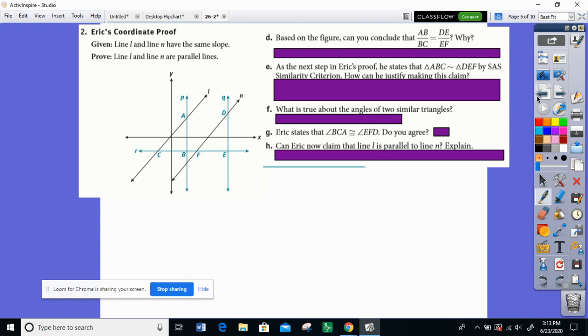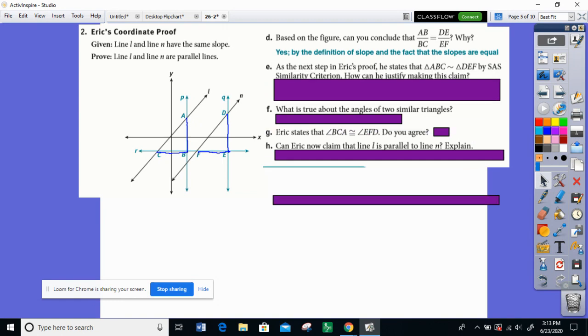Okie dokie. So based on the figure, it says that we can conclude that the ratio of AB divided by the length of BC is equal to the ratio of the length of segment DE divided by the length of segment EF. How do we know that we can do that?